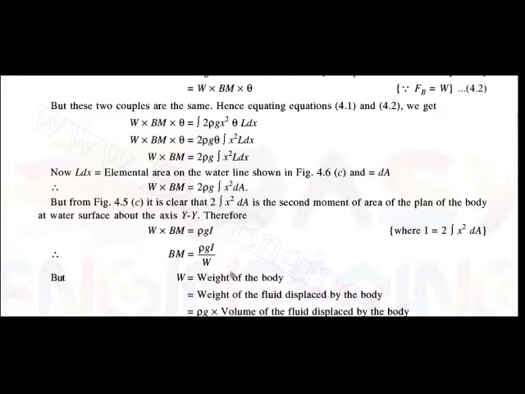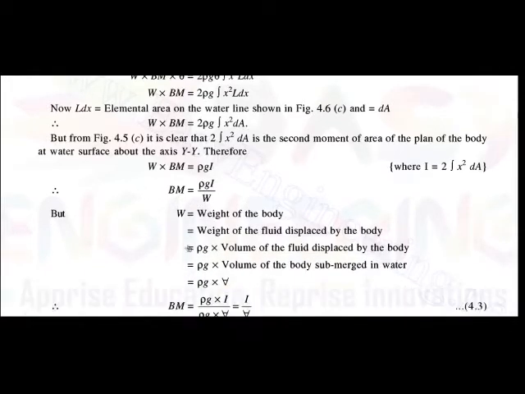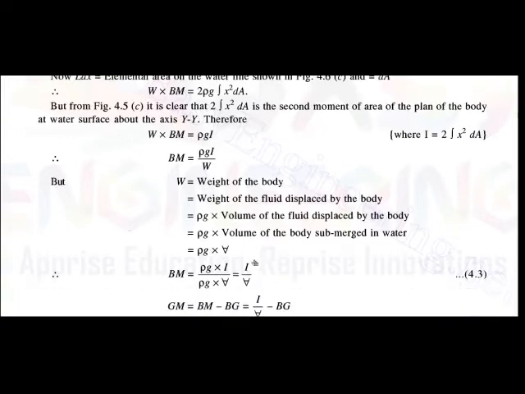Then we have to calculate the value of W, that is the weight of the body. We know that the weight of the body is nothing but the weight of the fluid displaced by the body. How to calculate this? Weight of the fluid displaced by the body is equal to rho g into the volume of the fluid displaced, that is the volume of the body submerged in the water, written by this symbol.